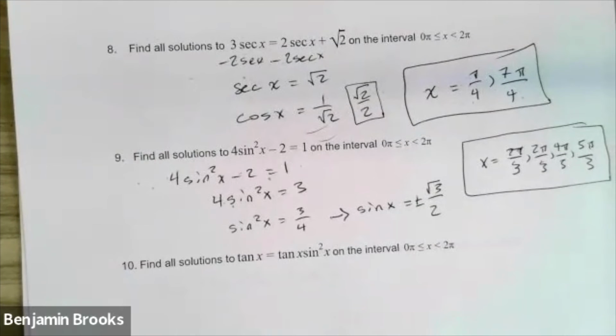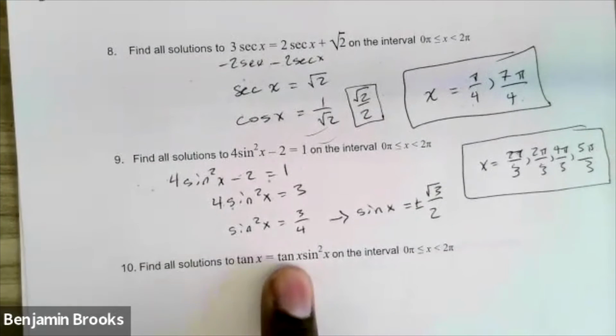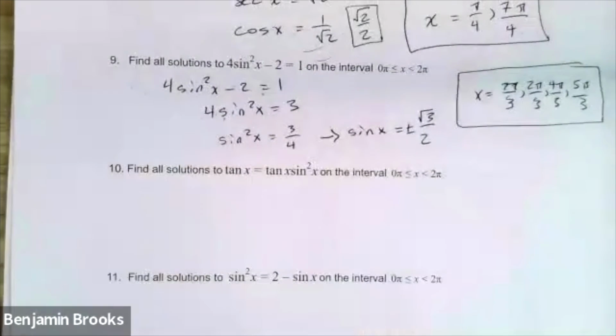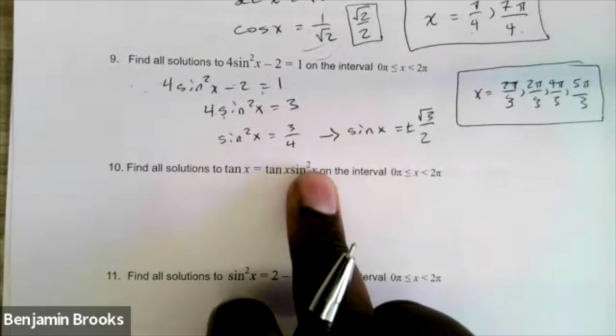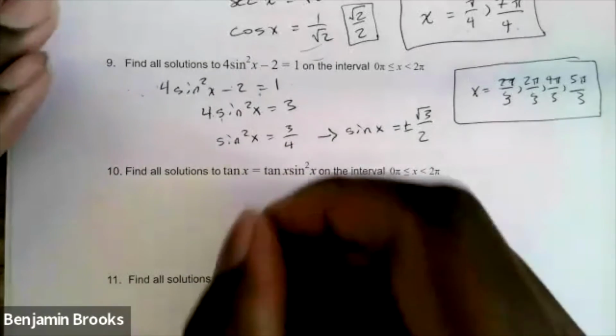Deceptively simple. That's the key to these. Now, the first thing you're going to want to do on number 10 is divide tangent on both sides. But as we figured out last time, that's not what we want to do, right? We're just going to subtract 1 on the other side. So what I'm going to do is subtract tan squared sine squared to this side.